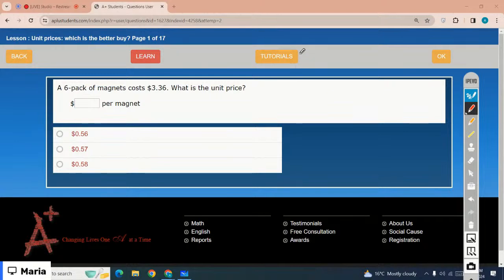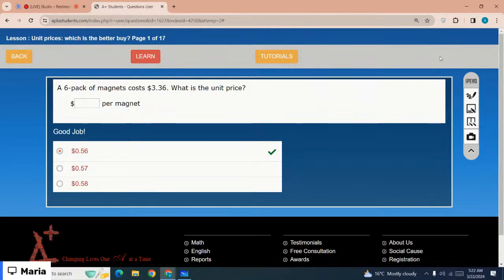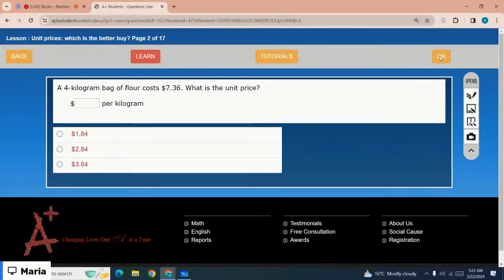The correct option is option number 1, that is $0.56. A 4 kilogram bag of flour costs $7.36.